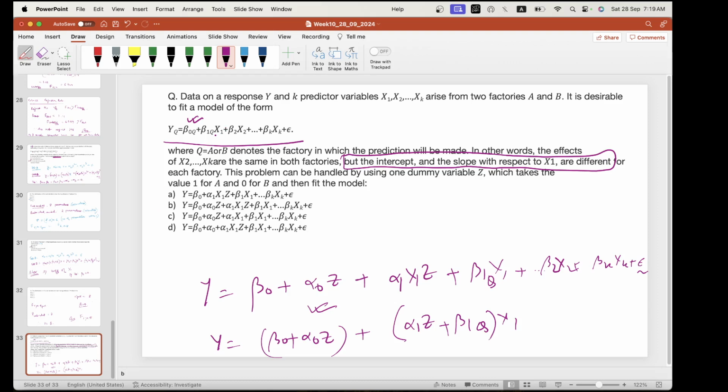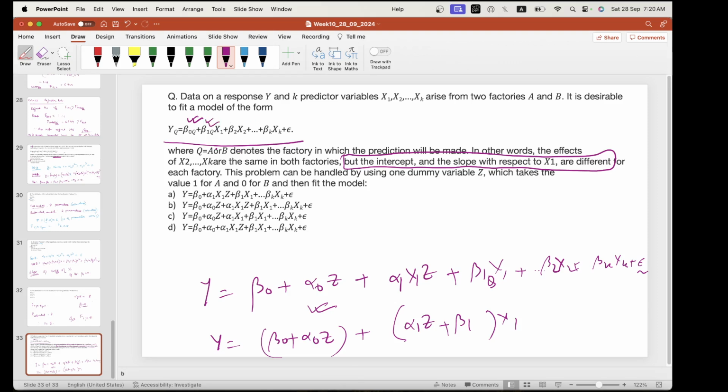Now x1, so let's say I'll write it as alpha 1 z plus beta 1 into x1. So now if z is 0, then we have beta 1 x1, and if z is 1, we have some beta 1 star, which is equal to beta 1 q x1.